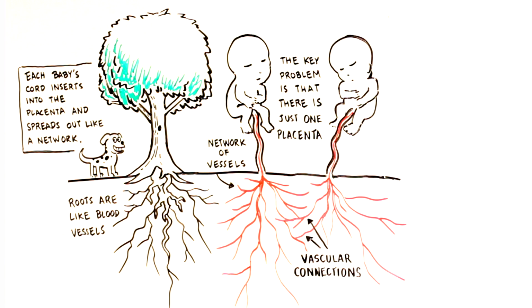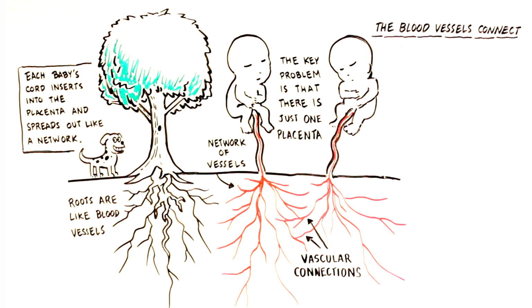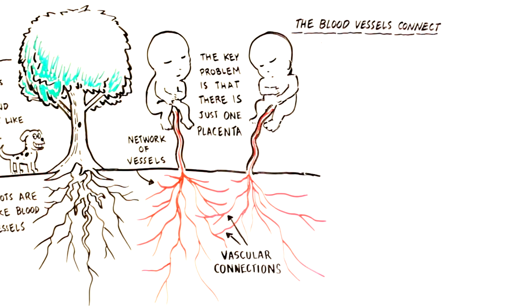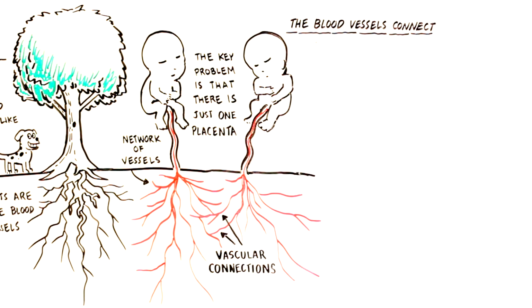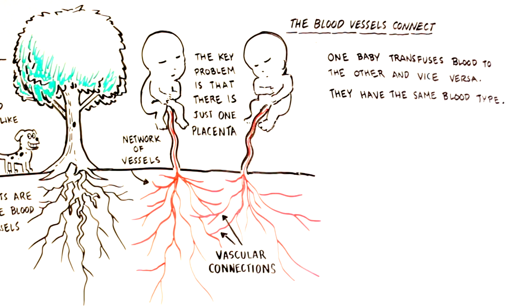Inevitably, in all monochorionic twins, some of the blood vessels will find each other and connect, thereby connecting the two circulations. So the first thing that's important about a monochorionic placenta is the fact that the blood vessels connect and allow one baby to transfuse blood to the other, and vice versa.